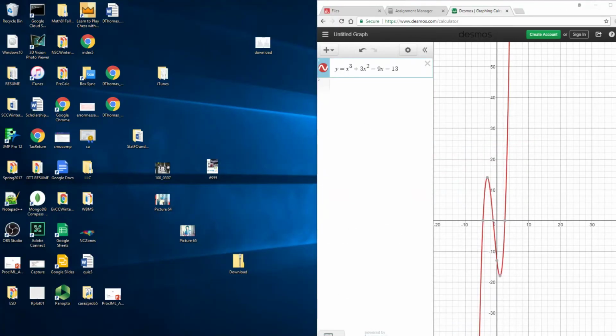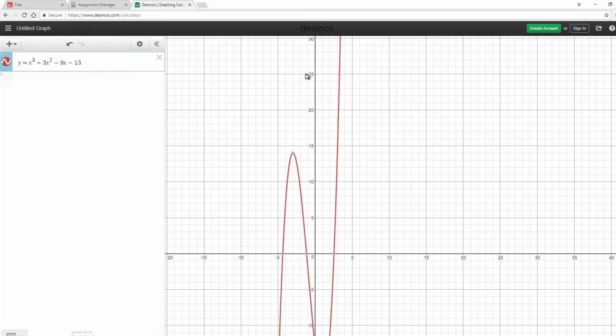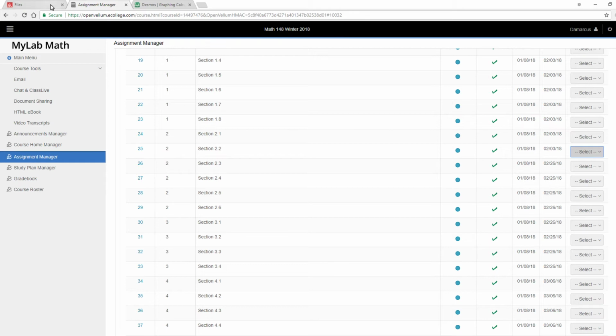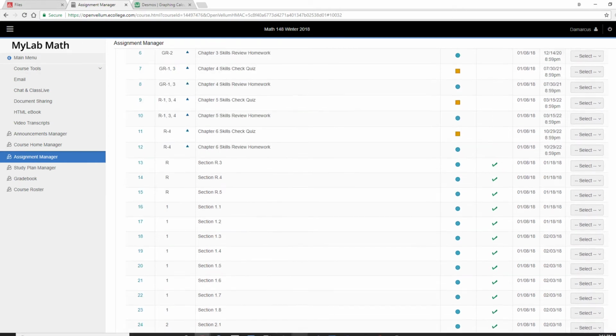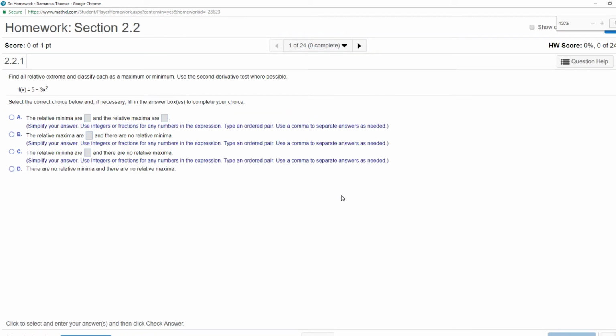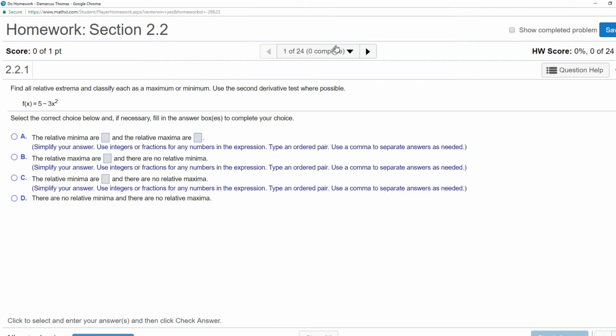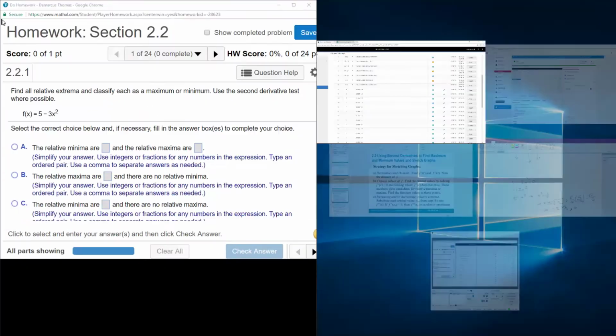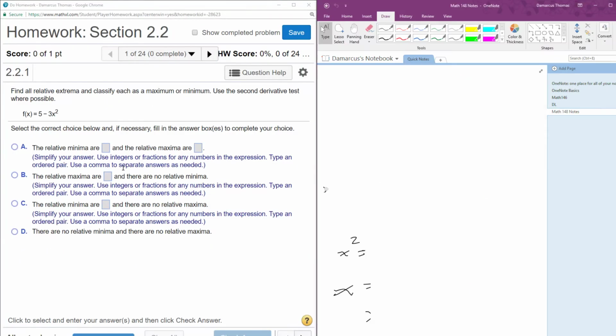Let's take a look at, let's see, a few exercises from the text. And it looks like we've already kind of covered this.